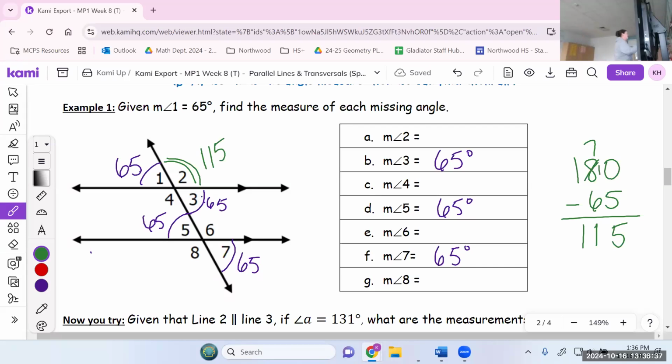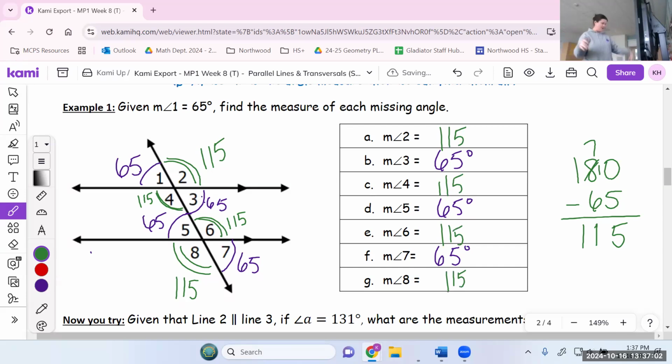So are the rest of them, right? We have a vertical angle here. That's 115. This corresponds to angle 2, so it's 115. This is vertical to 8, or they're alternate exterior, right? So those will all be 115.